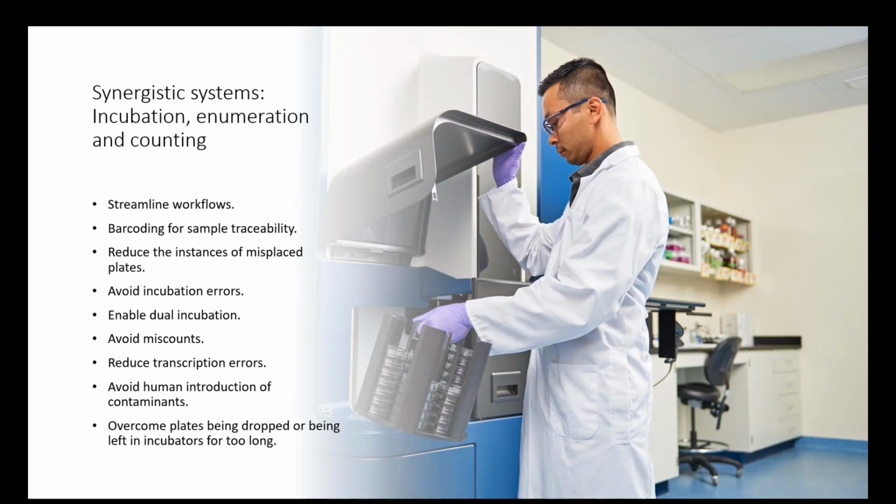This also helps to reduce instances of losing plates, and instances of errors elsewhere, like incubation error. If we can build the incubator as part of the automated counting system, then we can use robotics to avoid those errors completely, and also avoid errors if we wish to undertake something like dual incubation, which is a very common step within environmental monitoring practices.